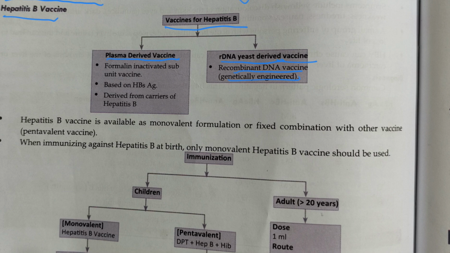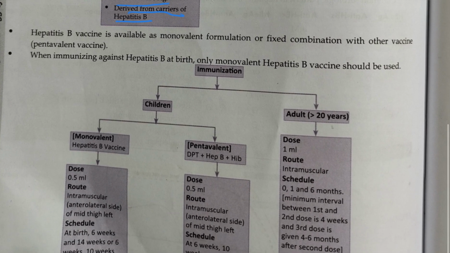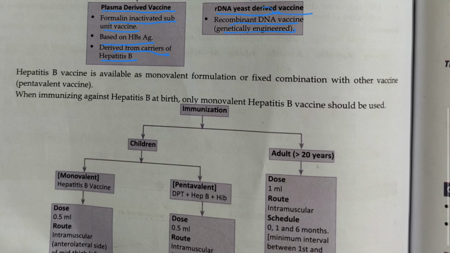The plasma derived one is formalin inactivated, subunit based on HBsAg derived from carriers of hepatitis B. This is based on the genetic material, and this is based on the antigen material.